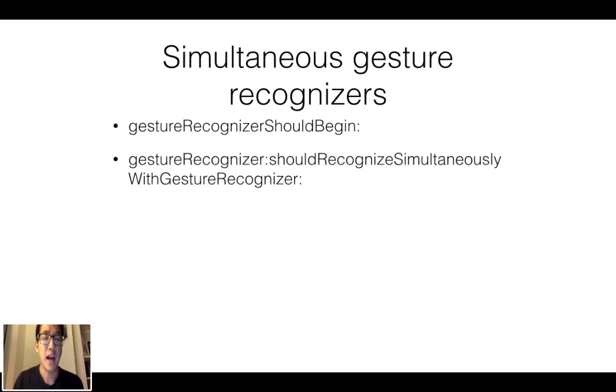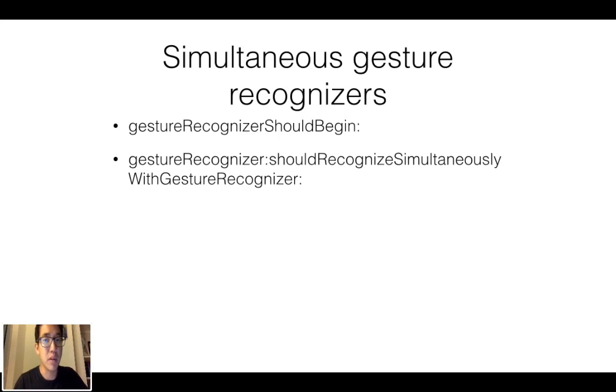Another thing that I need to indicate is if gesture recognizers should even be working together. By default, this is often no. So I need to implement the delegate, set myself as the delegate, implement this method, and I can either return true always, or I can just specify, hey, for this other well-known gesture recognizer, I want to be able to play nicely with that.